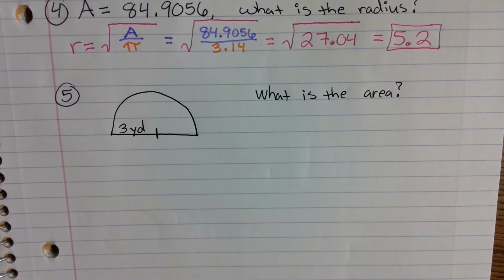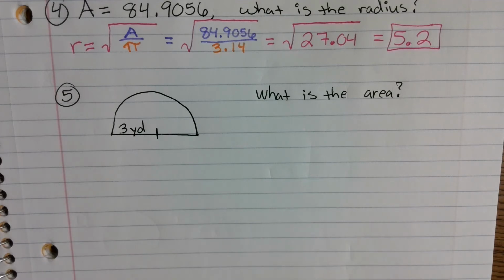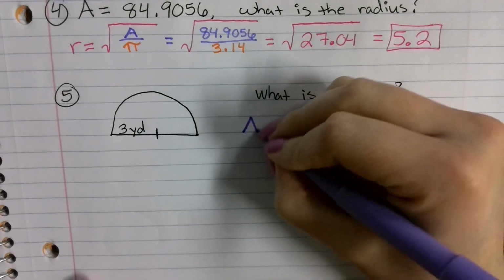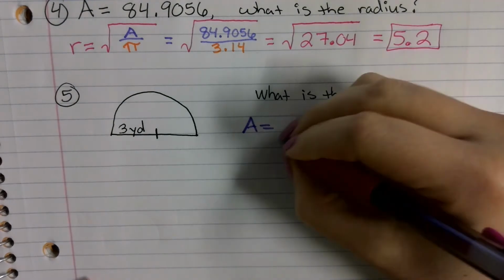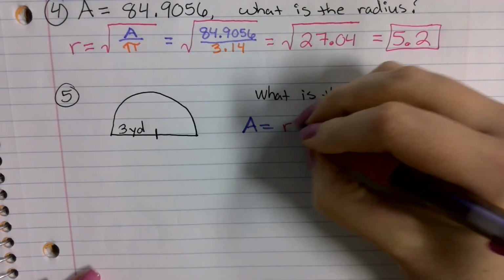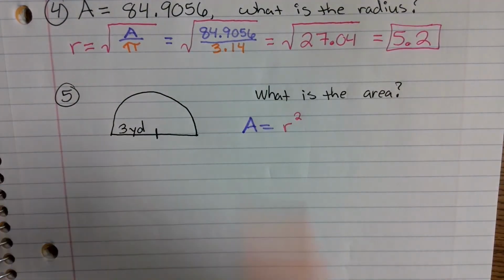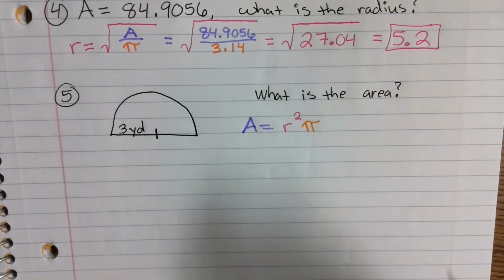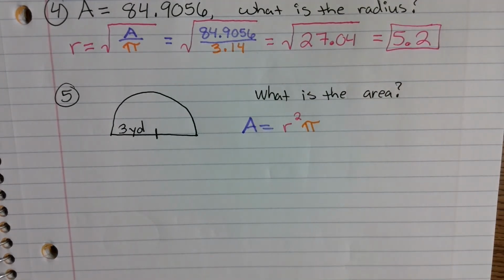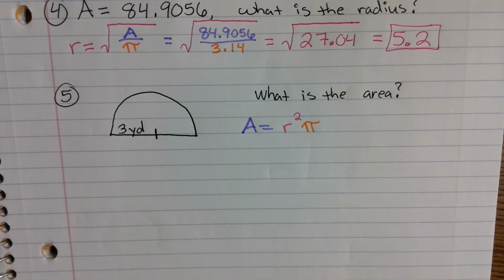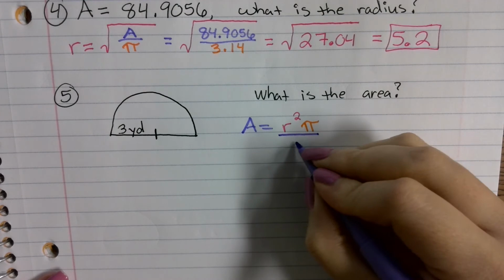What is the area? So again, the area formula, since it's a semicircle, what do you think you would have to do? If our area formula is radius to the second power times pi, that's for a circle. What do you think is the extra step I'd have to do for a semicircle? Nathaniel? Not divide it by pi, but divide it by 2, because it's half a circle, right? A semicircle is half a circle. So divide it by 2.